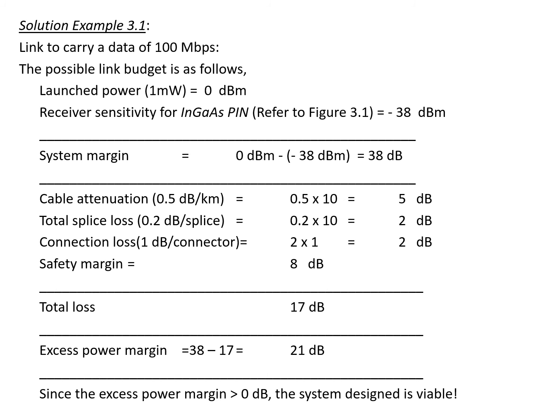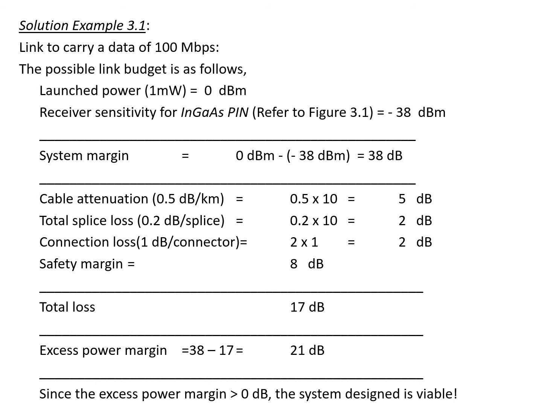Second step, determine the total losses along the fiber link. For 10 km fiber link, the total cable attenuation is 5 dB. Since there are 10 splicing points, the total splicing loss is equal to 2 dB. The total connection loss for two connectors is 2 dB. 8 dB is allocated for safety margin.